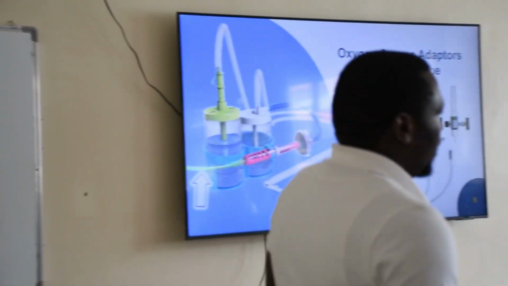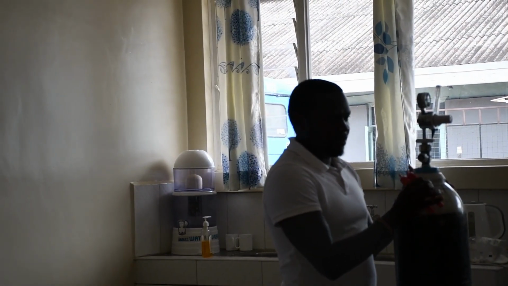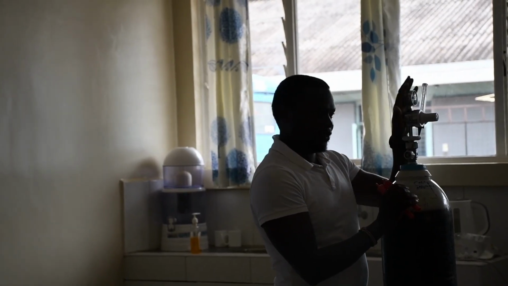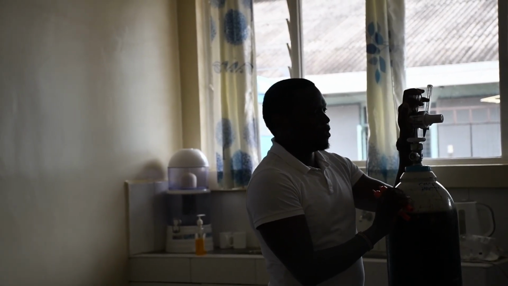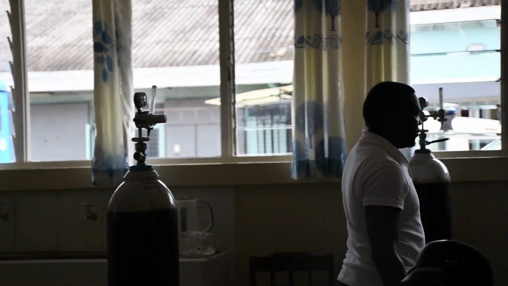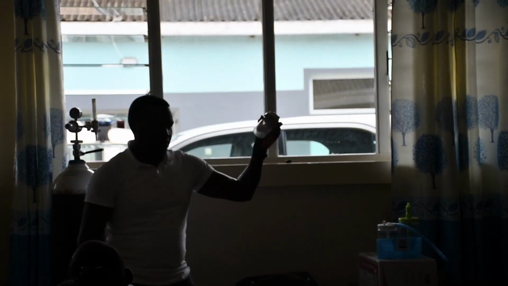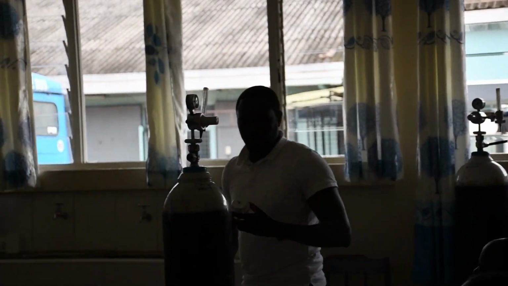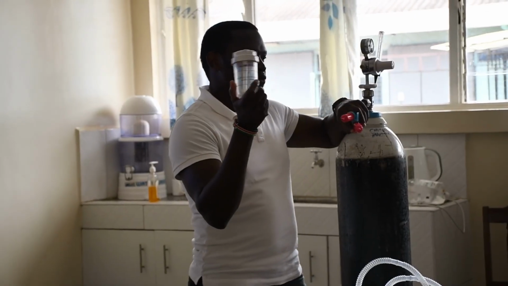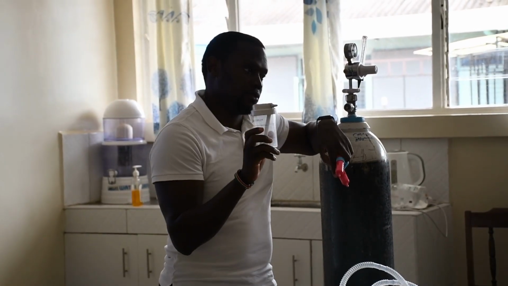In your oxygen source, there's the cylinder or the source, then there's the flow meter. For these flow meters, most of them or almost all of them will always come with a humidifier bottle. Our recommendation is that you remove this humidifier bottle from the source.